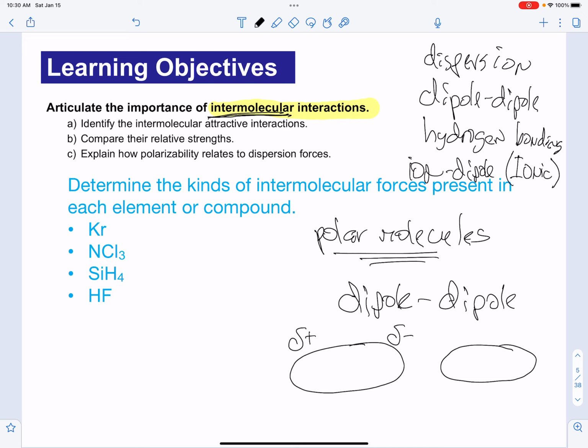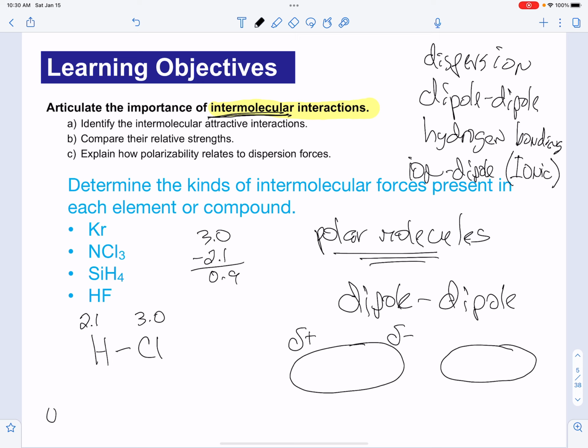Where do we observe that? Let's say, for example, HCl. If you remember from Chem 1, the electronegativity of hydrogen is 2.1. The electronegativity of chlorine is 3.0. If you do 3.0 minus 2.1, you get 0.9.